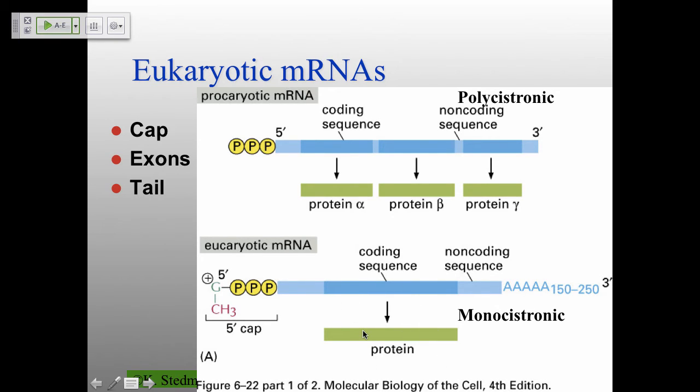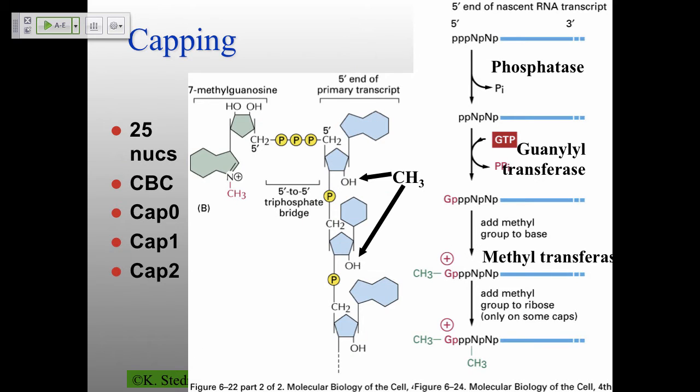So let's start at the 5' end and move our way down towards the 3' end. The 5' end has this cap structure. The cap structure is literally a single guanine residue which is put on in a 5' to 5' linkage at the very end of the messenger RNA. The main reason for this seems to be protecting that end from the nasty exonucleases. Lots of exonucleases are around, and they are going to be looking for a 5' phosphate to chew in on.